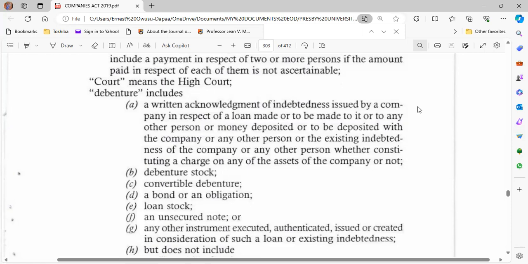Then B, debenture includes debenture stock. When we go to the substantive provision from Section 83, we will be explaining it further. But the debenture stock is what you call a block of debentures, if you like. We use the analogy: there used to be a type of bread in Ghana which we called the polo.